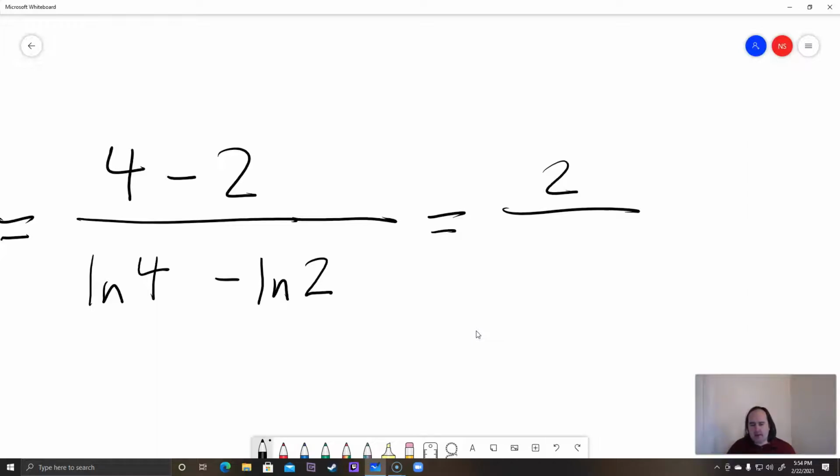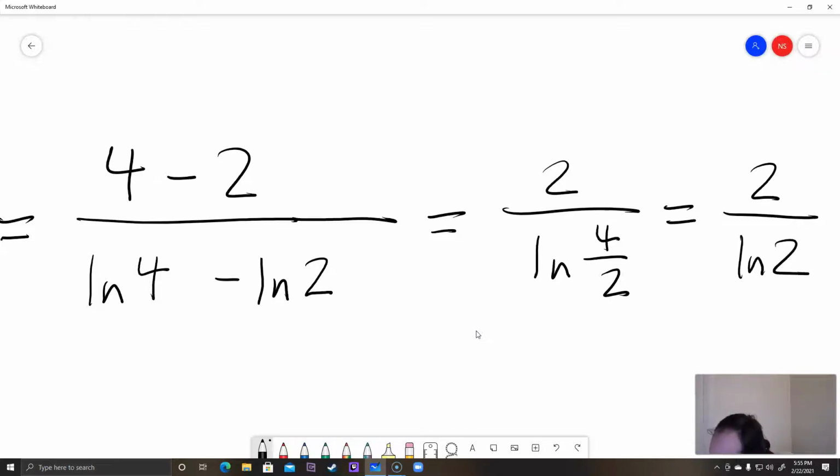One way would be, if you remember, if you're subtracting outside the logarithm, that's the same as dividing inside the logarithm. So this is actually going to be the same as ln of 4 over 2. Okay? And then 4 divided by 2 is 2. So we actually get 2 over ln of 2.